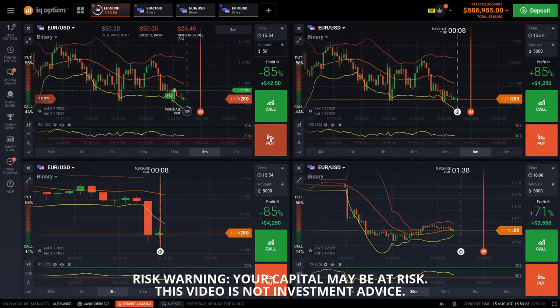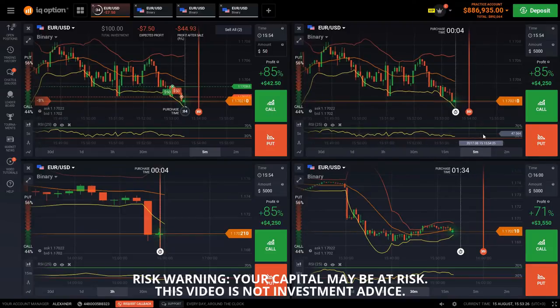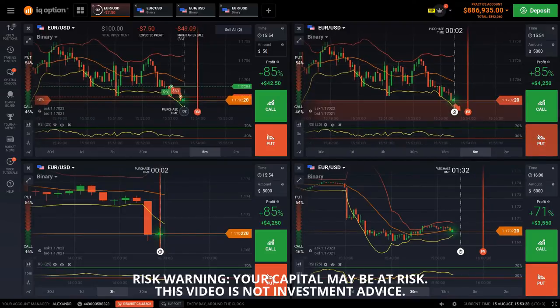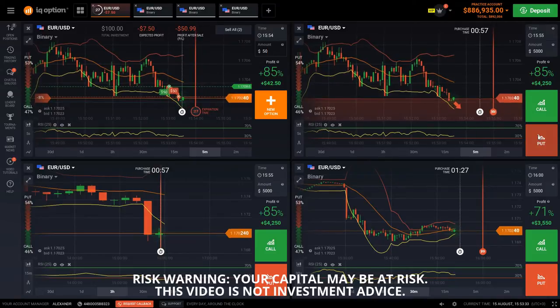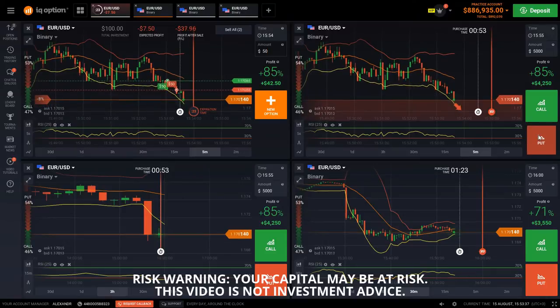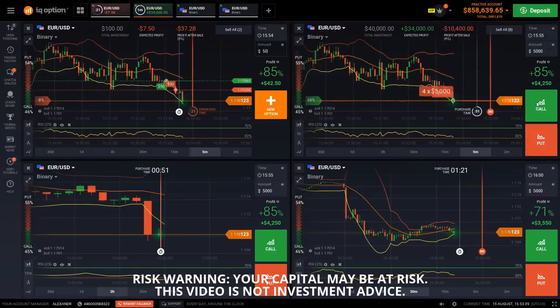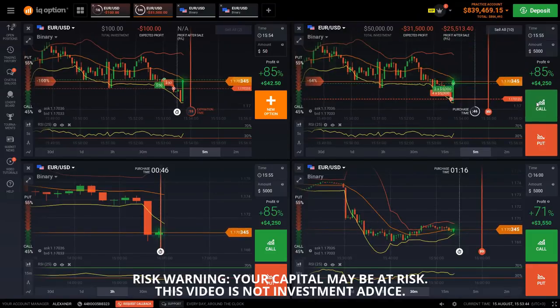A trend is created as the sum of red and green within a certain time frame. If the sum of red is stronger, it means a downwards trend, and if the sum of green is stronger, then it's an upwards trend.